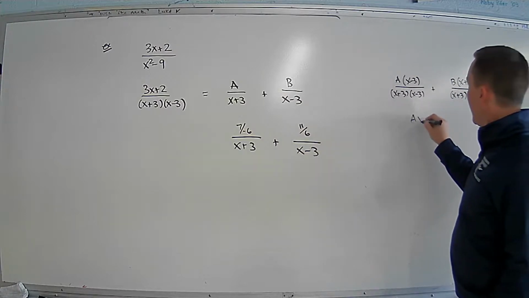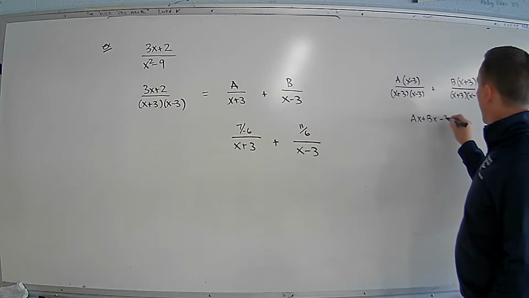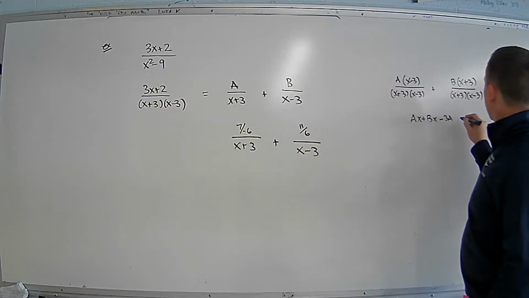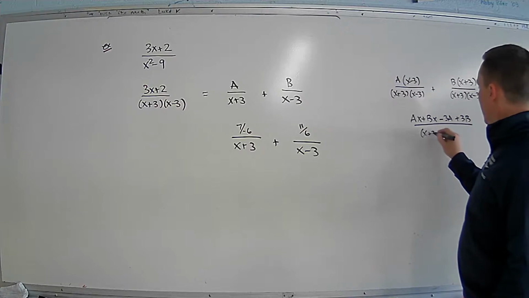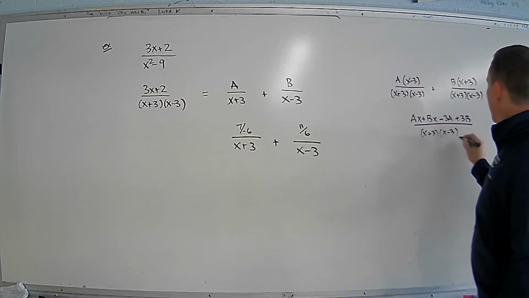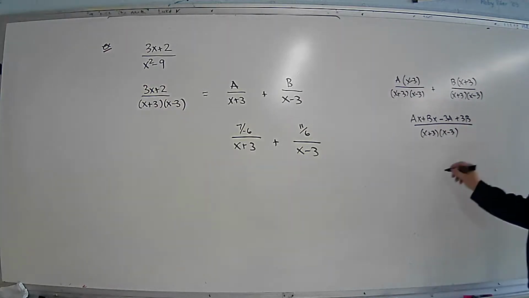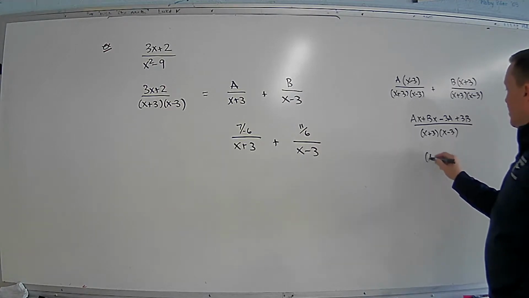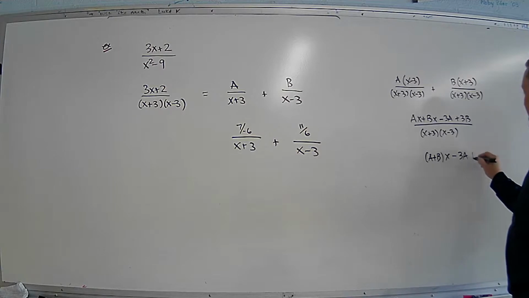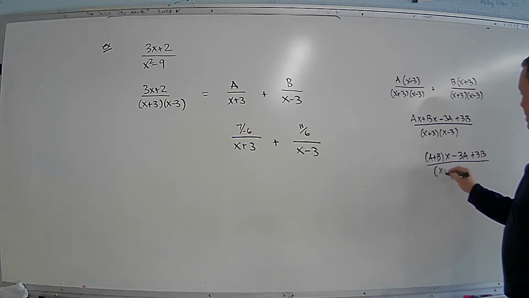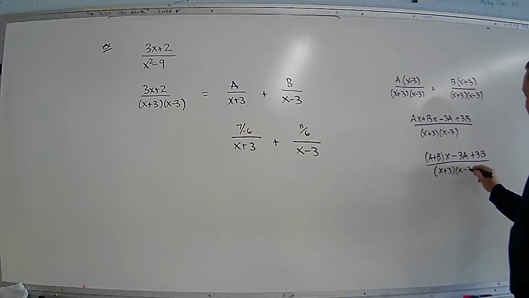And then I would have had Ax plus Bx minus 3A plus 3B over x plus 3, x minus 3. And then I would have said, okay, A plus B times x minus 3A plus 3B over x plus 3, x minus 3. And then I would have equated the coefficients.